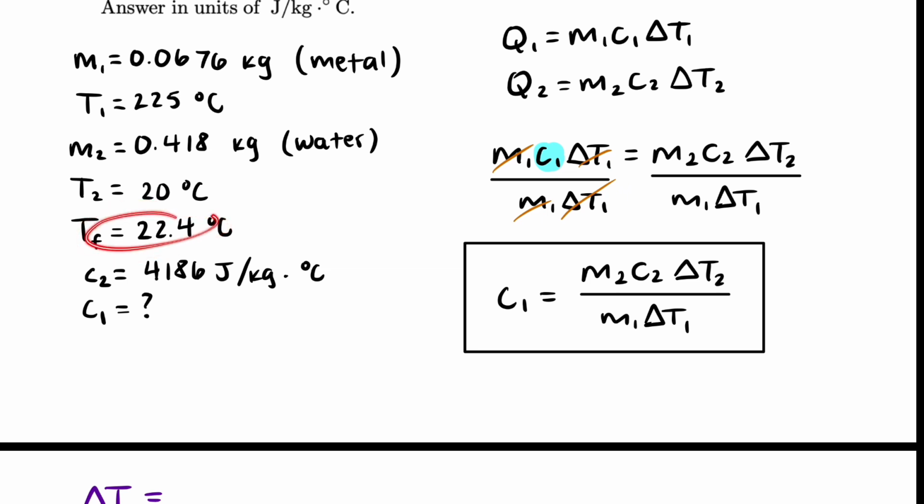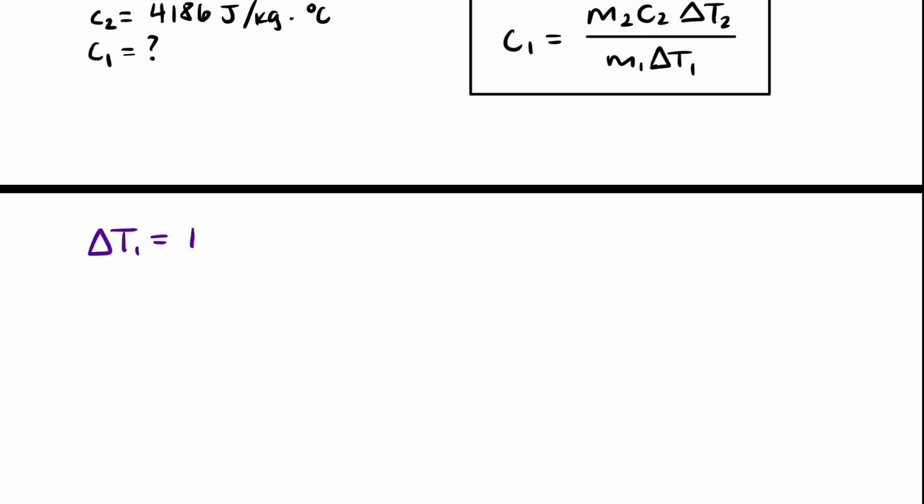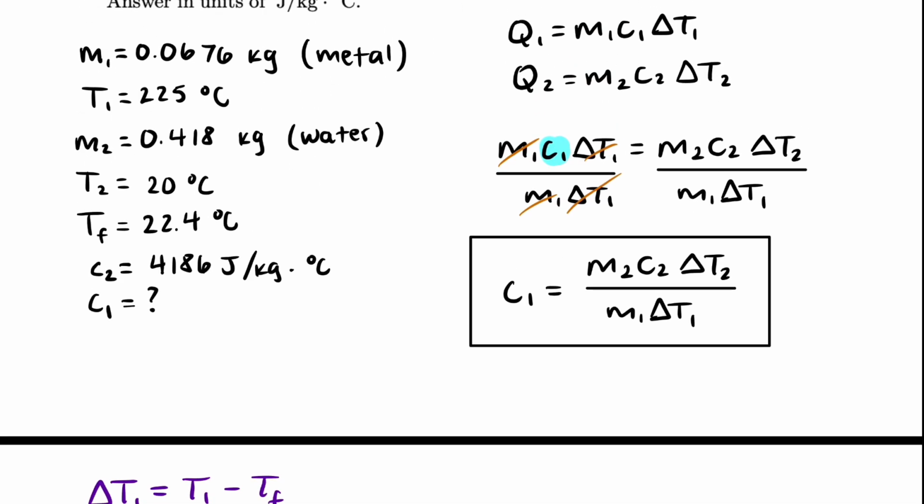And of course, to get a positive number, we see that 225 is greater than 22.4, so that's why we would subtract 22.4 from 225, which is T1 minus T final. Likewise, my delta T2 is going to be T final minus T2 because this is higher than 20.